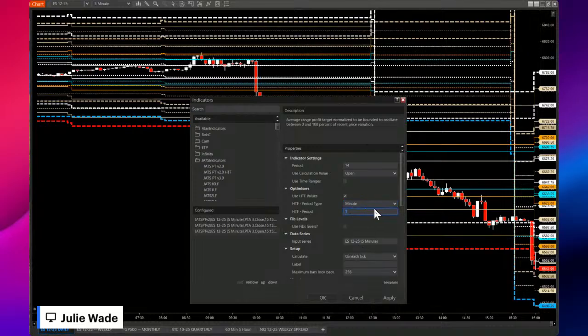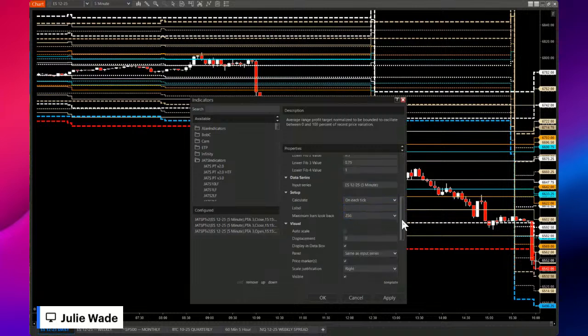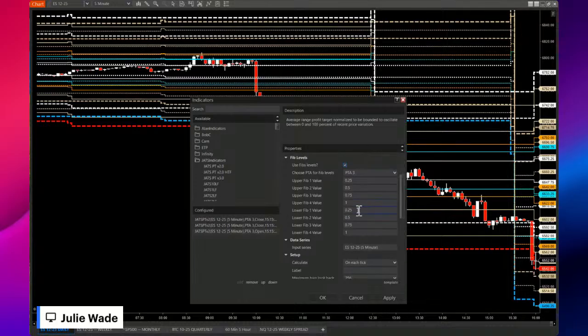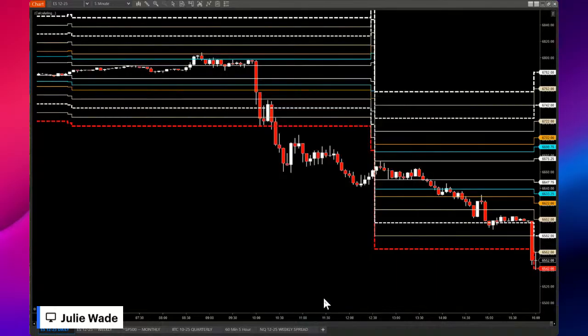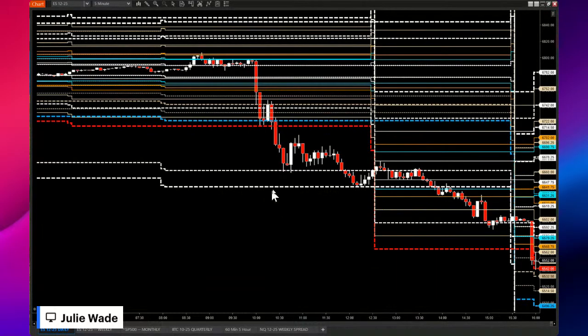And this time I'm going to use the 450 minute, but the bottom fib, I'm going to use a 3 instead of a 1, okay? And a 2.5. Here we go. Look at that.